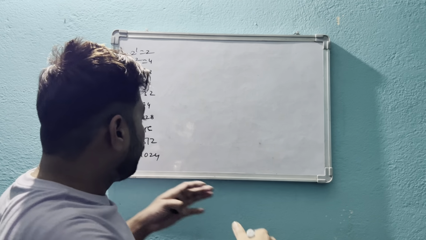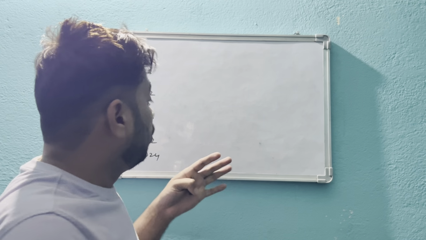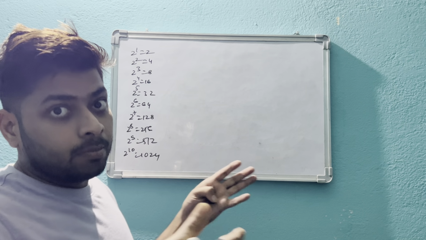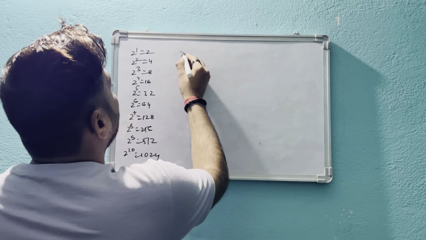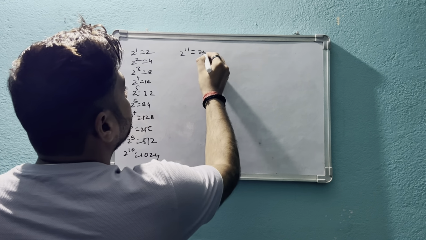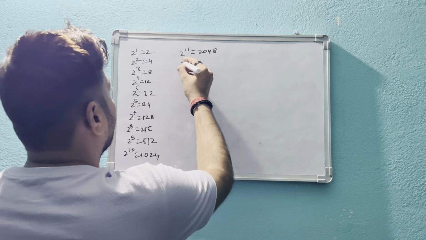Similarly, you can keep on increasing the power of base 2, and we will end up getting the result multiplied by 2. So 2 to the power 11 is somewhere around 2048, and it keeps on going.